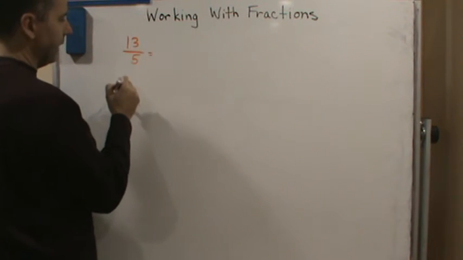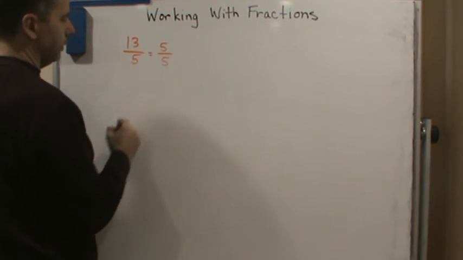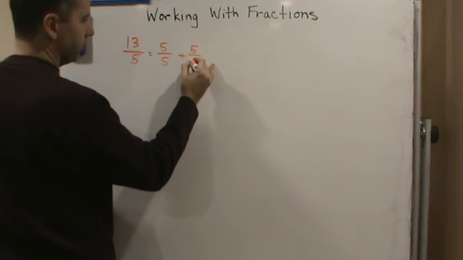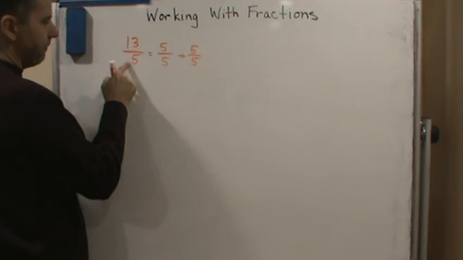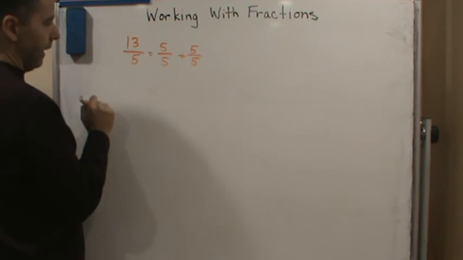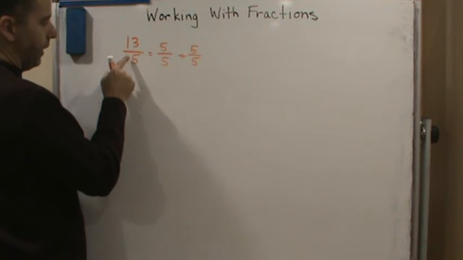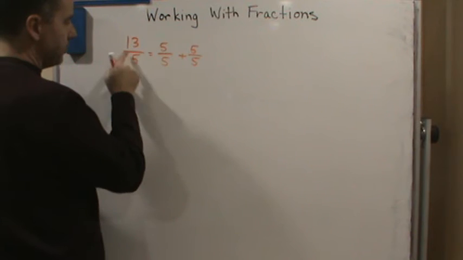Well, I can get 5 of those will equal 1. And then another 5 of those will equal 1. So aren't I dividing 5, right? Remember, this is division, right? So I'm dividing 5 into 13. So how many 5s go into 13?